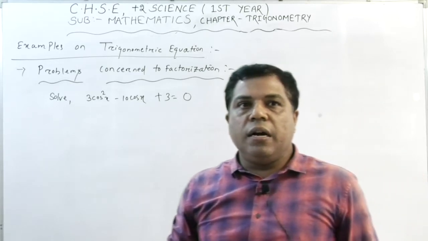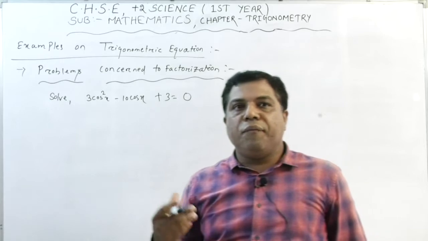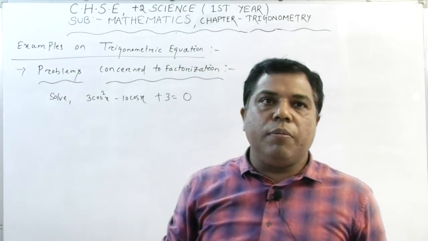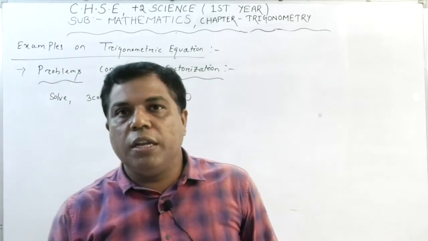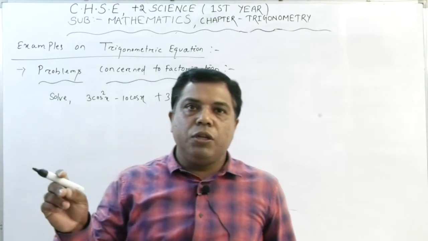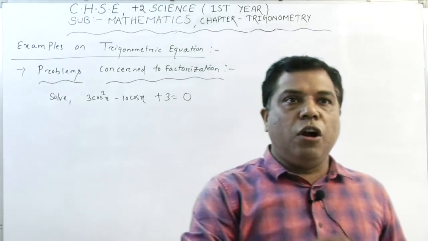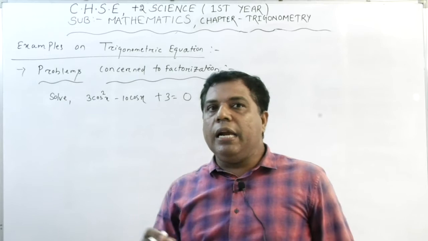Now this is in quadratic form, and if we are able to form the factors from there, then we can adopt this procedure. That is very important. If it is possible to form the factors, then we can adopt this one.